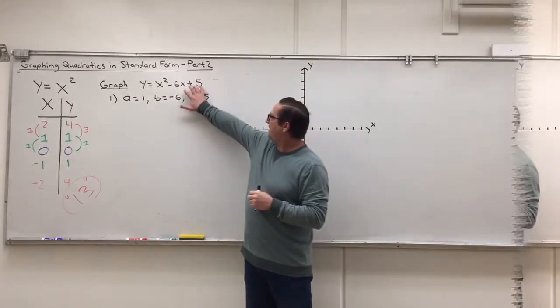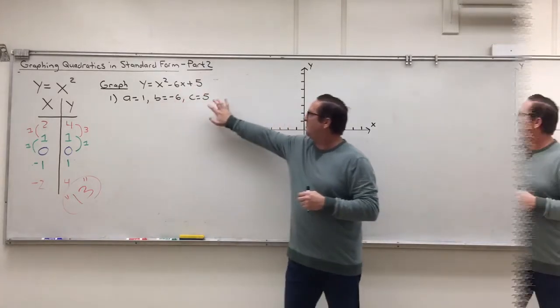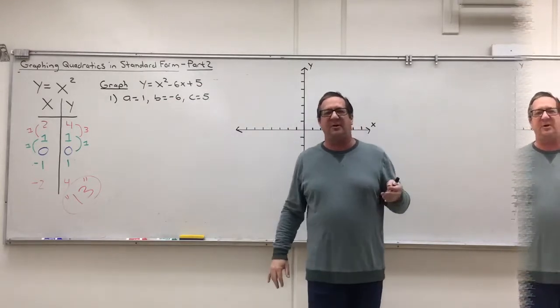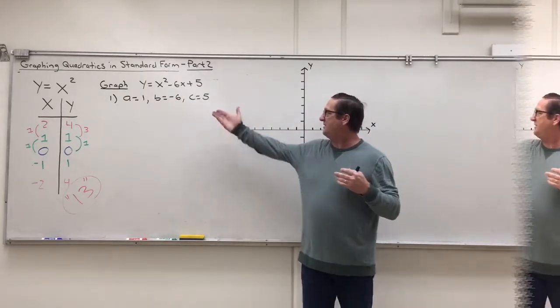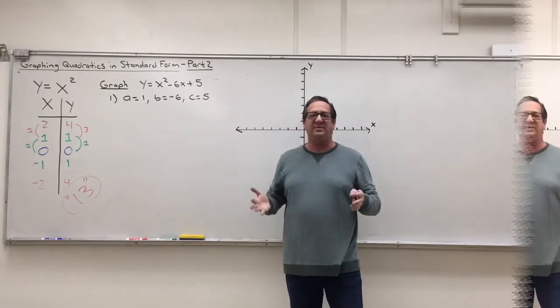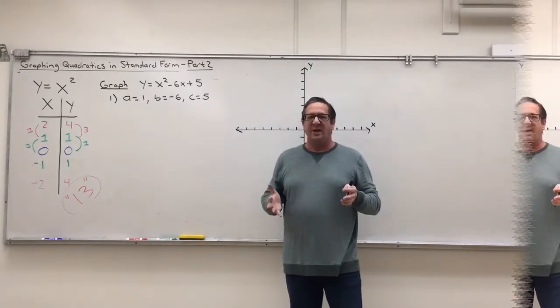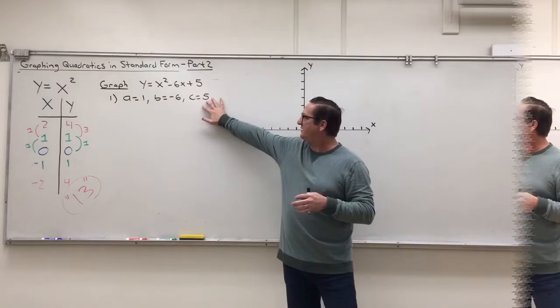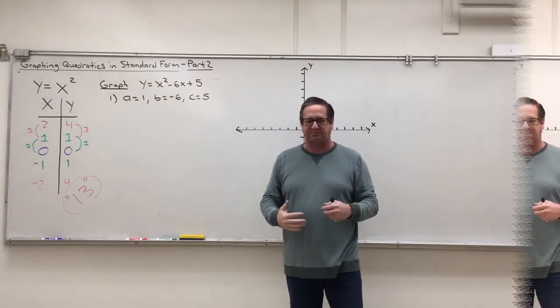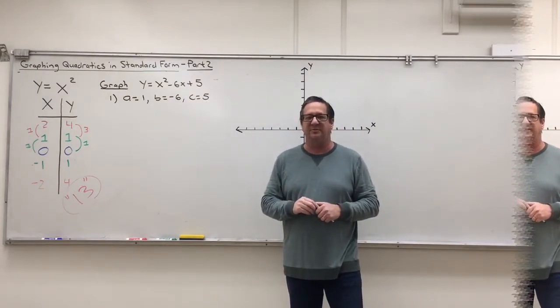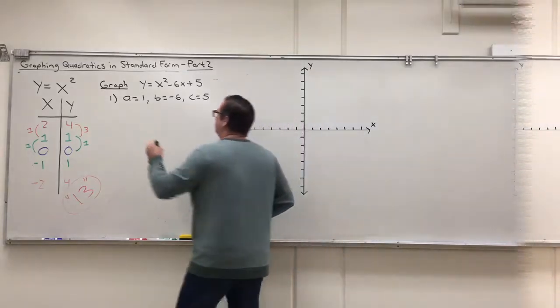I don't like to look back at the original, so I like to record my numbers down. From the quadratic formula, you're used to identifying A, B, and C. We really don't need C in this problem, but it's just a habit I've gotten myself into. Okay, step 2.